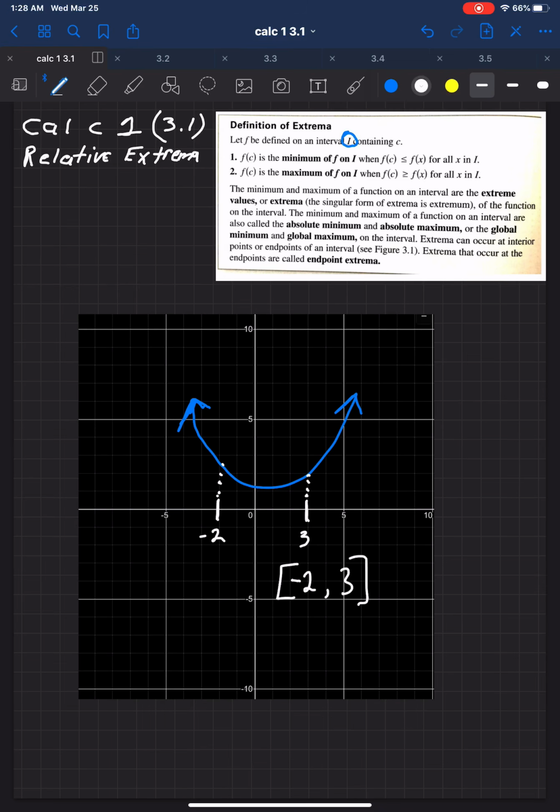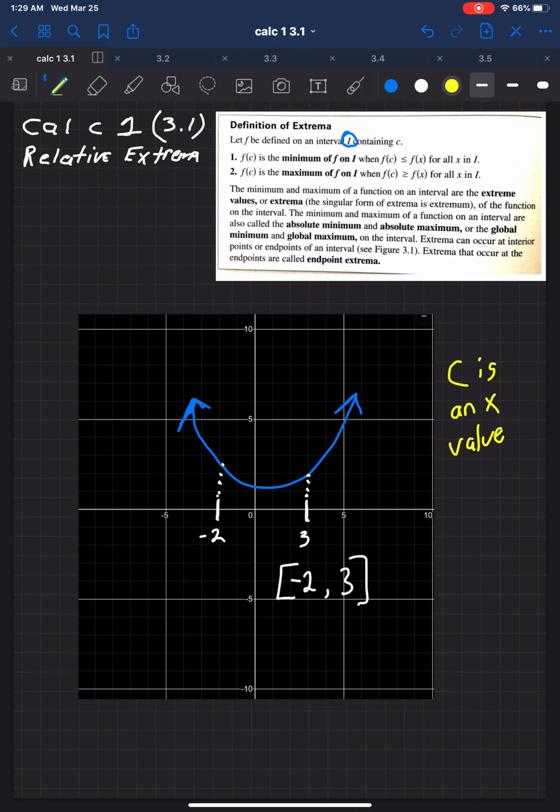Okay, then we also say that it contains some value we're going to call C. So C is just an x value, but it's important enough to call it C. Ready? Now let's get to the first part.